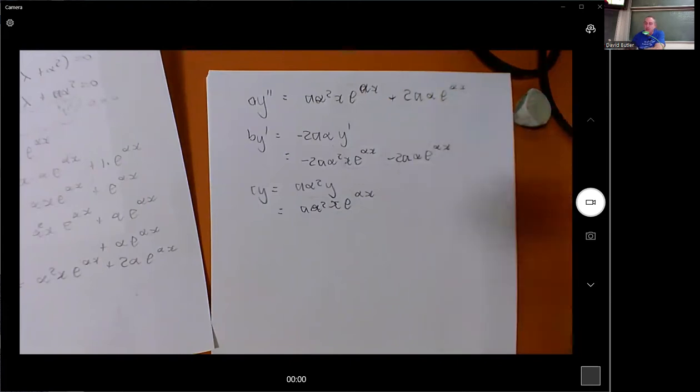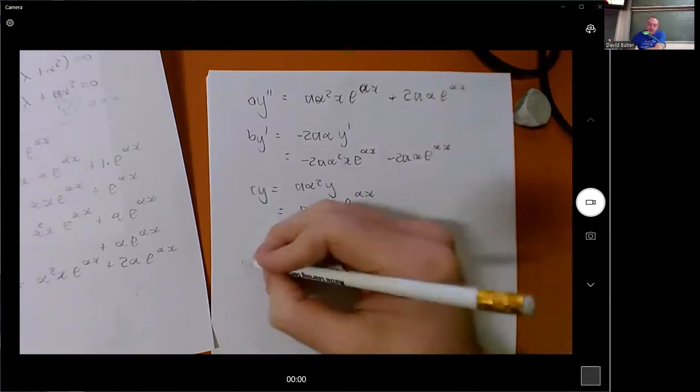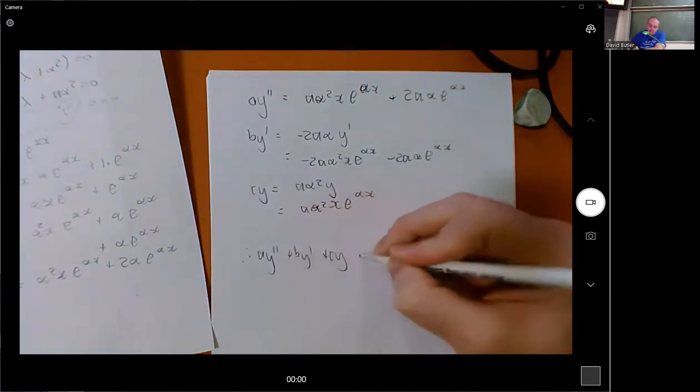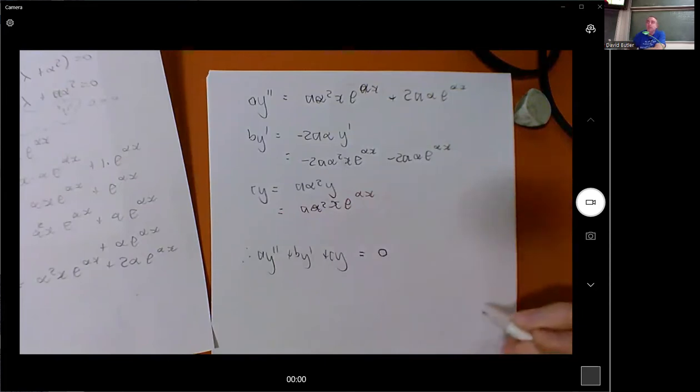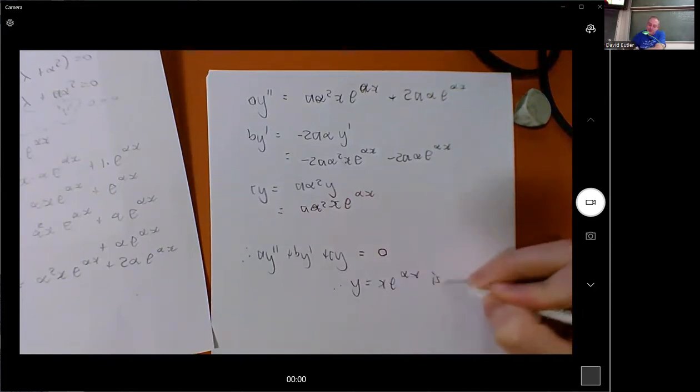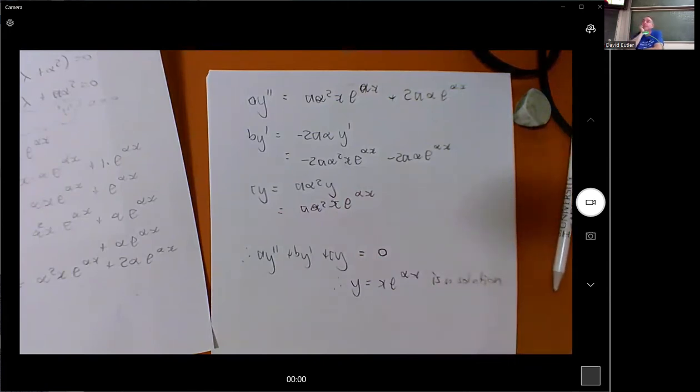Oh, and they cancel as well. Yay. And therefore, y equals x e to the alpha x is a solution. Magic. I don't know if there's a better proof than that, but it totally proves it.